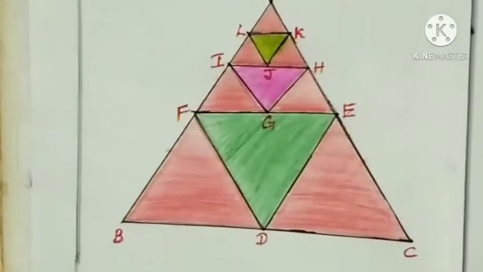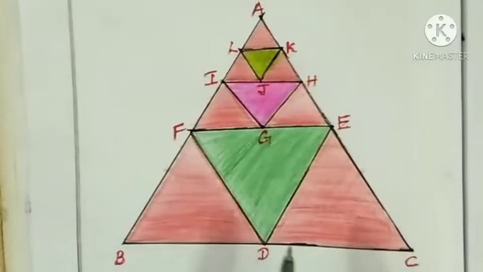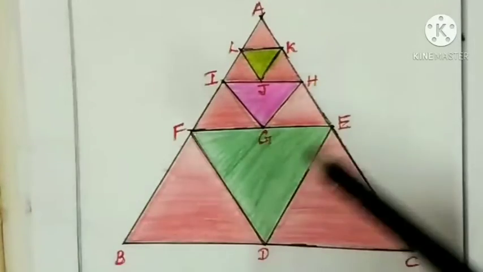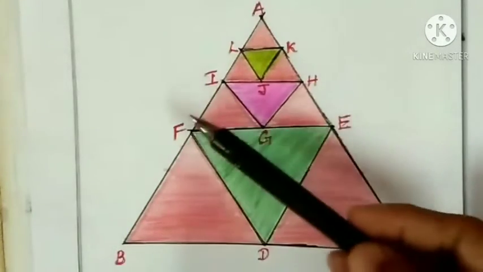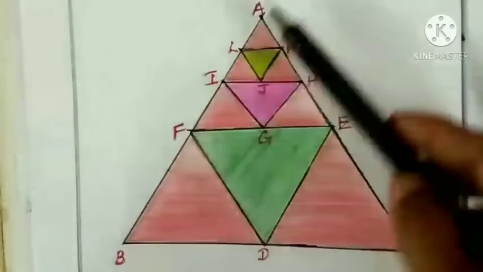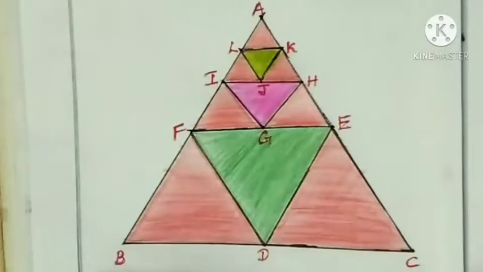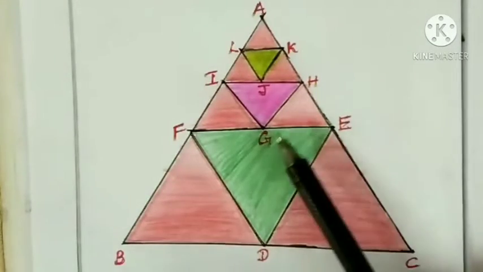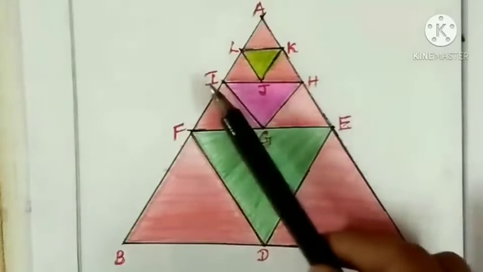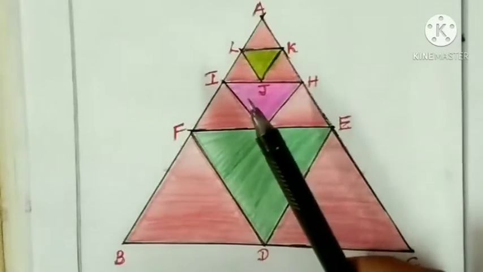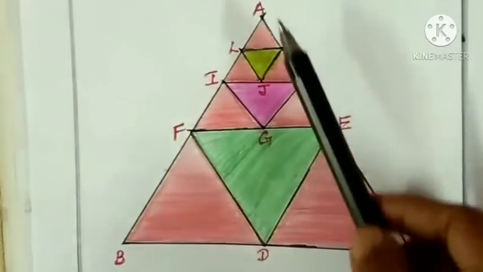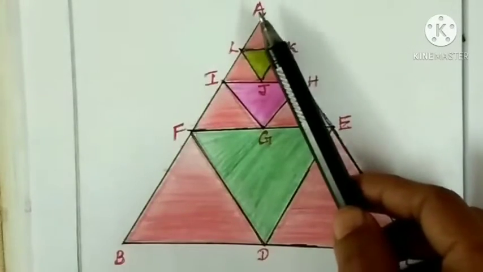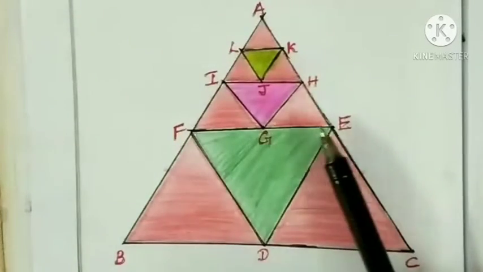Consider this diagram. In the diagram, the given triangle DEF is formed by joining the midpoints of triangle ABC. Then triangle GHI is also formed by the midpoints of triangle AFE.